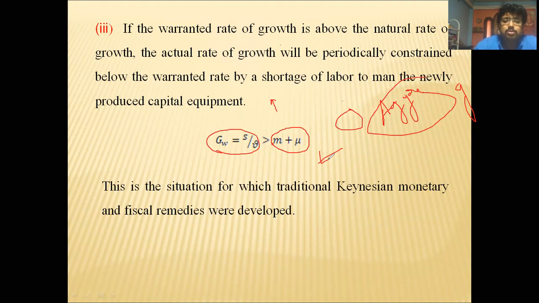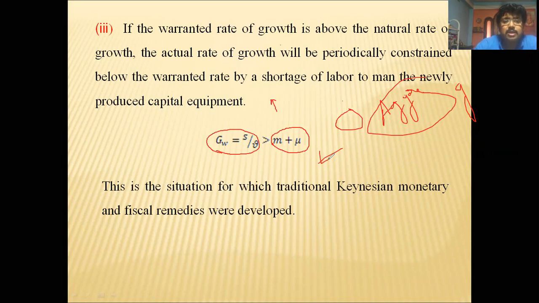This is the whole understanding in this lecture: what the natural rate of growth is, what the relation between the natural rate of growth and the warranted rate of growth is, what the conflict between the two is, and where the Keynesian understanding is applicable.